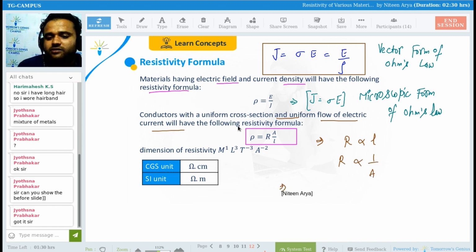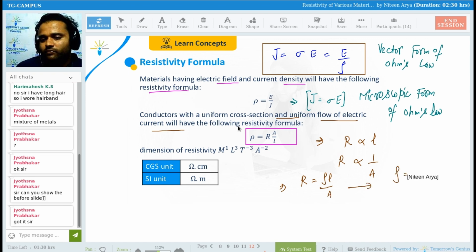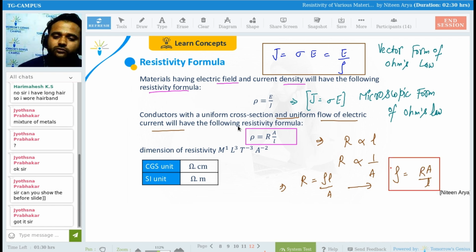Combining both equations, we get resistance R equals rho L by A, where rho is the resistivity. Reversing this, resistivity comes as R A upon L. Okay, just rearranging the formula we already covered in the previous class.